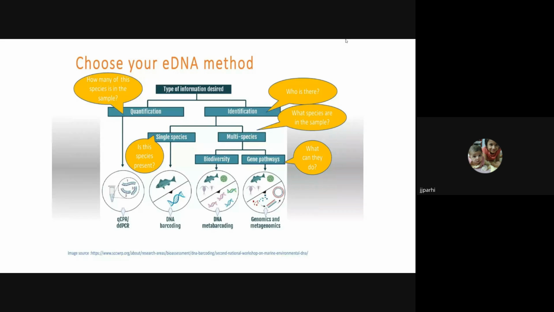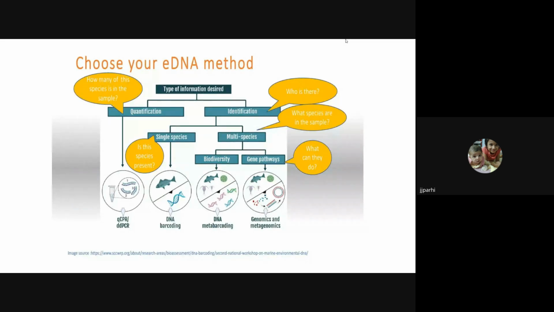DNA barcoding, as you know, is a specific DNA fragment sequence which we assume matches at the species level, and a particular species will have a particular DNA barcode. Based on that DNA sequence, we can identify the species, and whether that species is present or not.